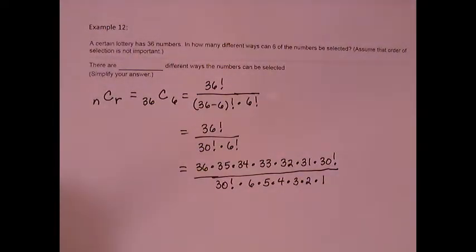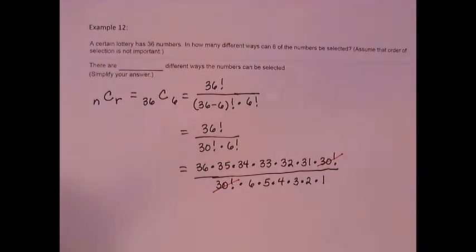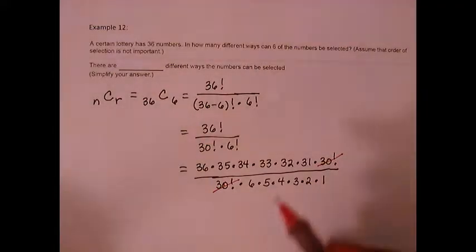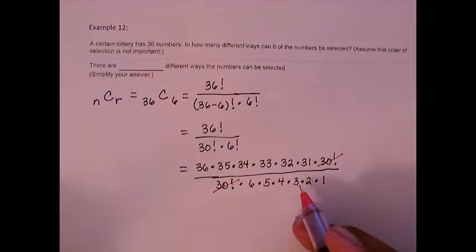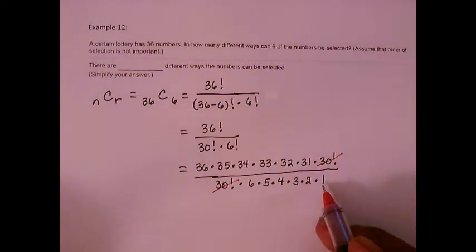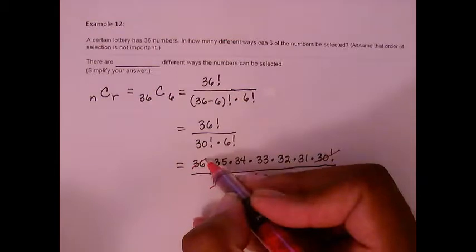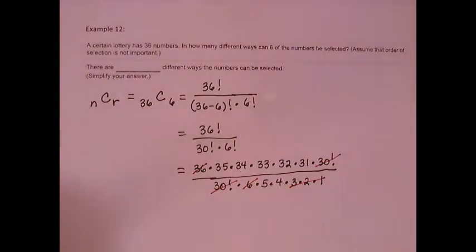So in this case here, I'm going to go ahead and divide out the 30 factorial in the numerator and the denominator. Let's see. If I multiply this 6 times 3 times 2 times 1, that product will give me 36. These numbers, the 6 and the 3 times 2 times 1, I can divide out with that 36.